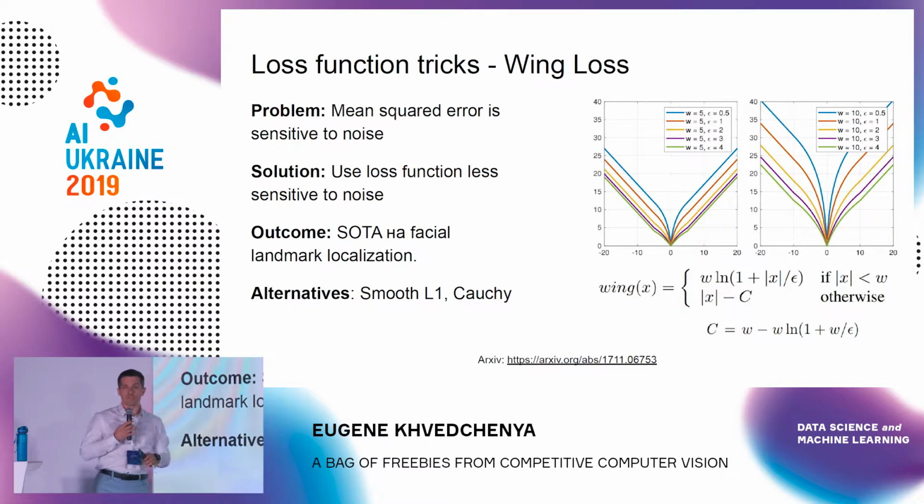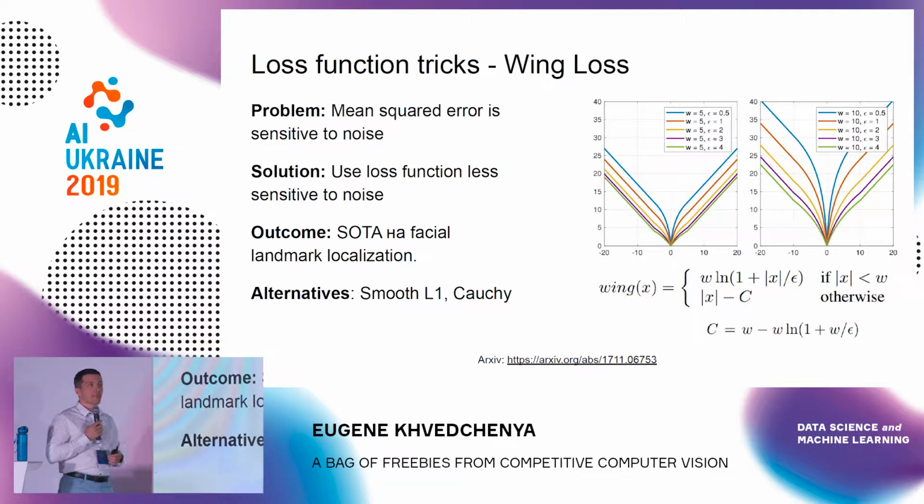So the next loss function is wing loss, which is used for regression problems. Typically when we are doing regression, we use either mean square error or mean absolute error losses as our default ones. But the problem with mean square error is that it's really sensitive to the outliers in our training data. And this has a negative impact on our model accuracy.